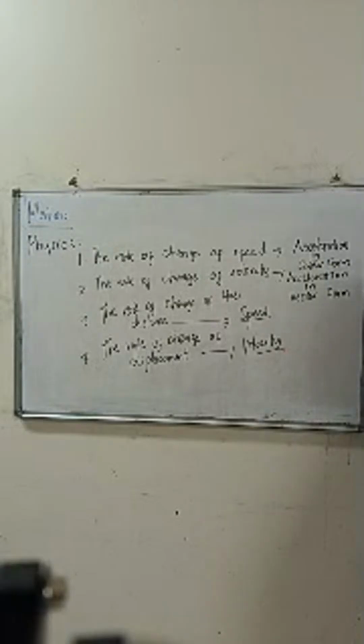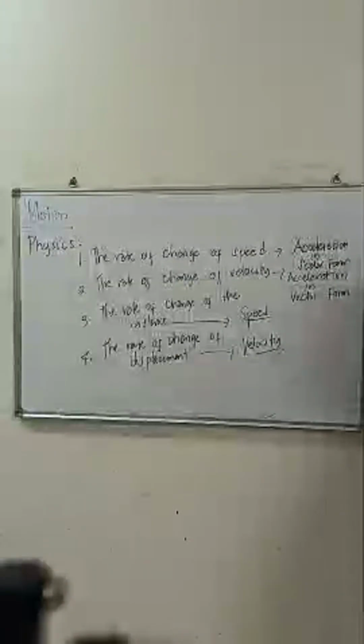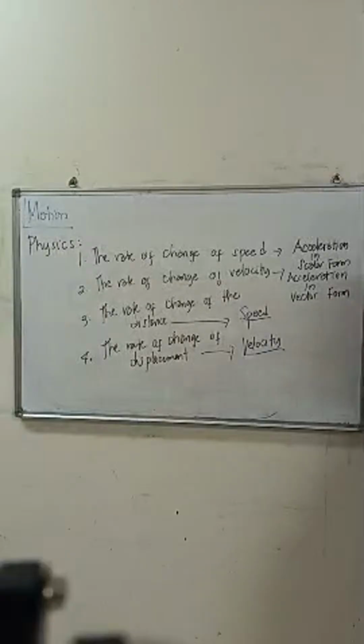Junjun travels 20 kilometers per hour to the south. So that is velocity. But if you don't mention the direction, then that is only speed.